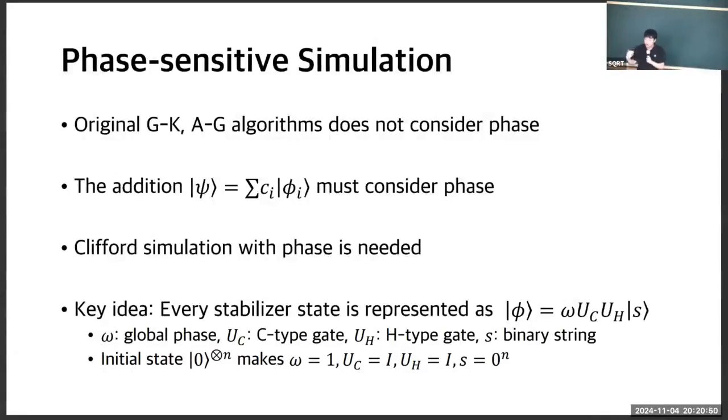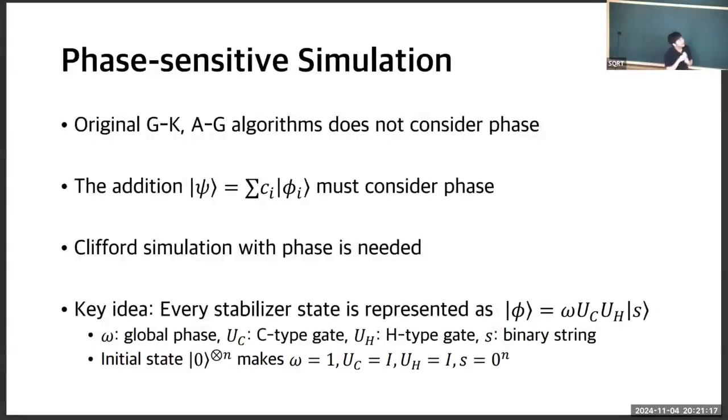So the original Gottesman and Knill, or Aaronson and Gottesman algorithms, do not consider phase. So we need to add the global phase here. It must be the global phase, but we need to add it, so it does not make that global now. So we need to make a Clifford simulation with phase.